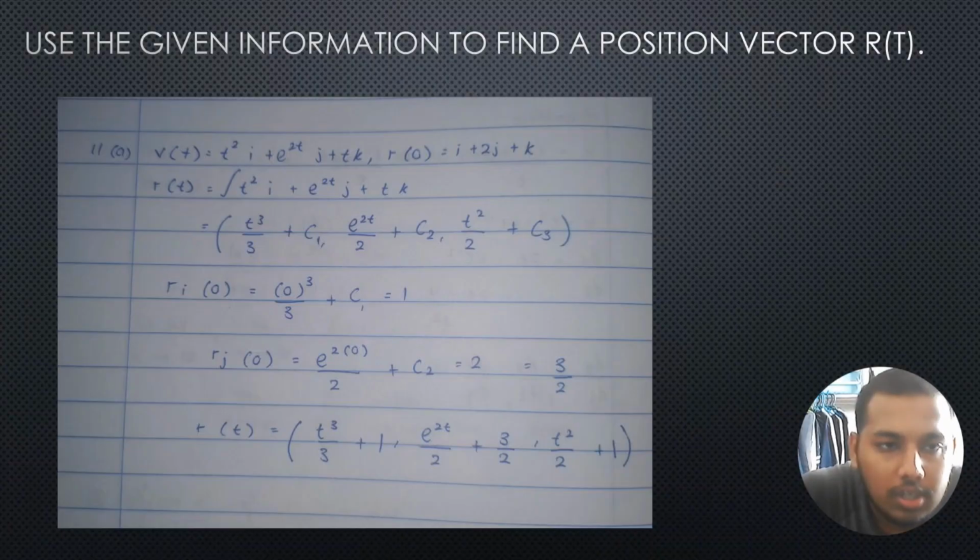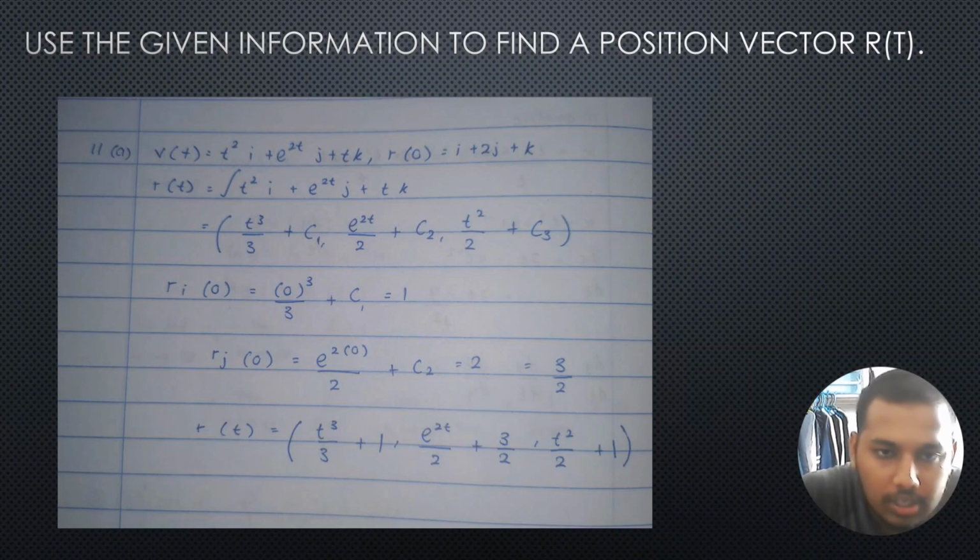Okay, question 11 is about using the given information to find a position vector r. To find the vector r, we need to make some integration, and then we get the value here. After that, we need to find i first, and then we need to find j.